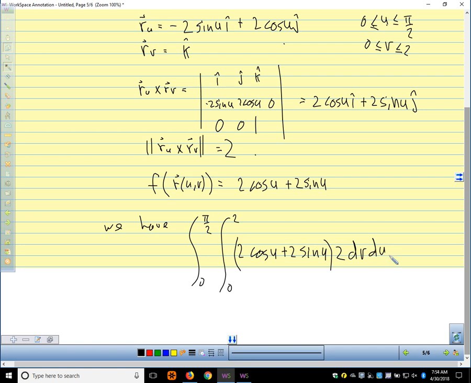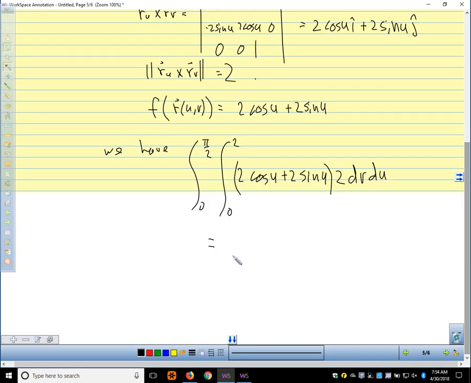Easy integral to evaluate. Be careful with this one, because when you get your cosines and sines at the end, they have values at 0 and at pi over 2, so it's easy to forget that. And when we evaluate this, we end up with 16. Seems like kind of a boring number for that surface.